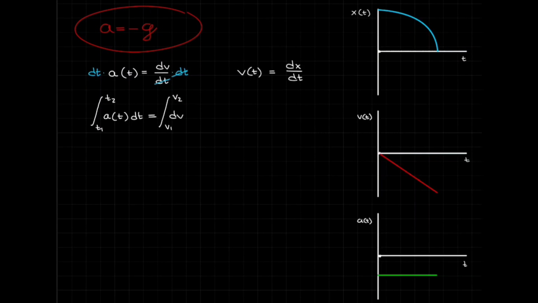Because acceleration is constant, we can just pull it out of the integral, since that's one of the properties of an integral. You can pull constants out. So we're left with the acceleration times the integral from t1 to t2 of the time differential, equal to the integral of the velocity differential.